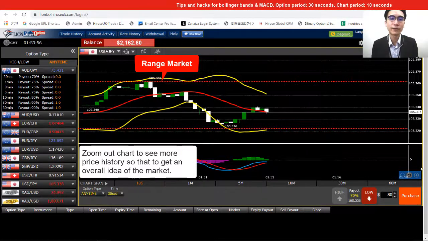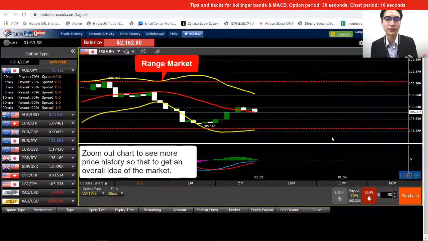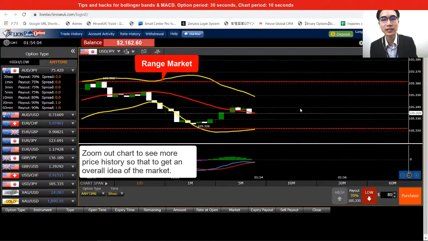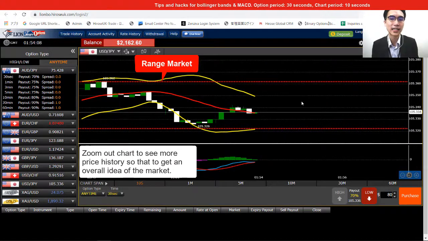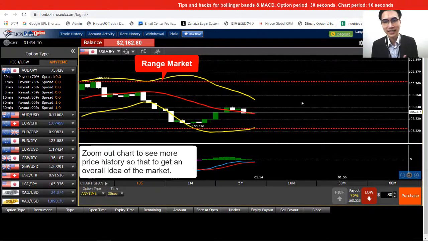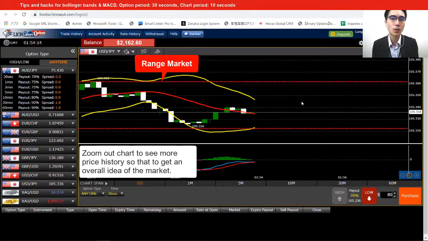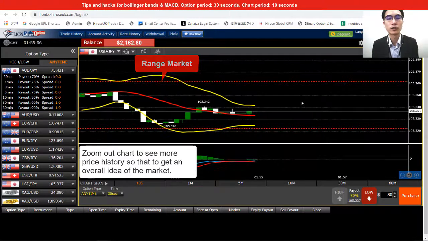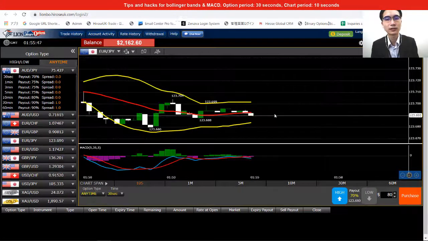But if we slide it to the left a little bit, we'll see that the price is actually in a range market, so it's suitable for using the Bollinger Bands and MACD. So that's the tip here. Zoom out a bit from the chart and see more of the price history to find out more on the overall market condition.